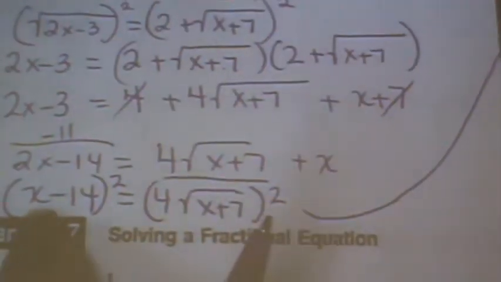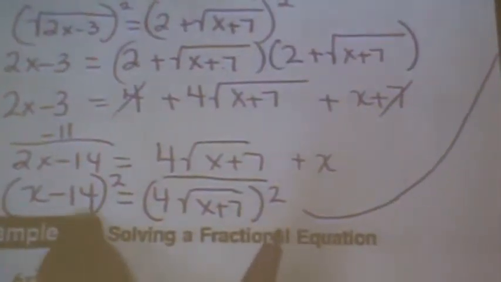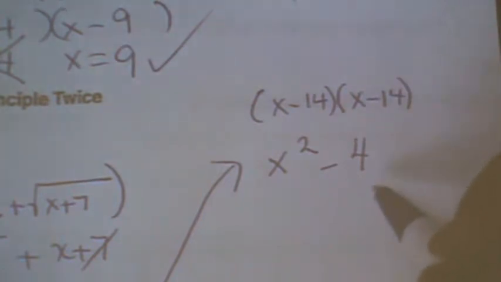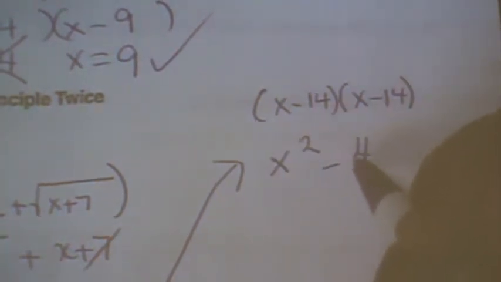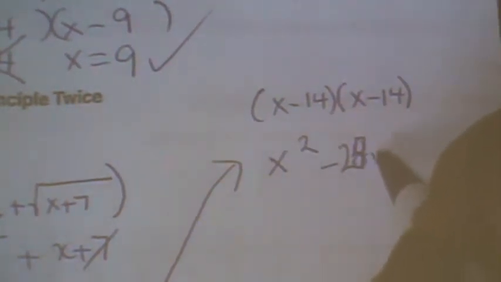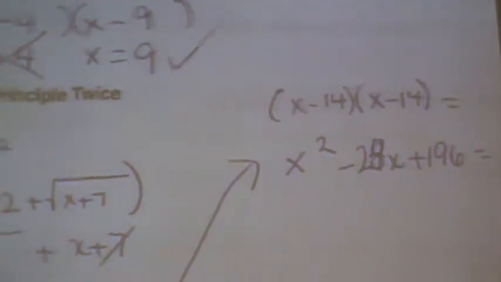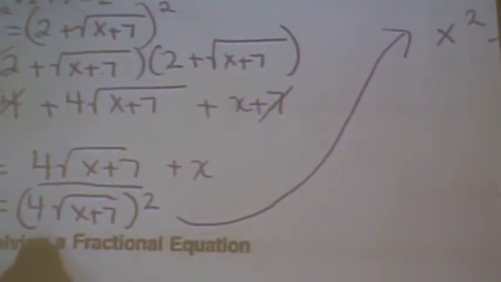It's x minus 14 times x minus 14. So it'd be x squared minus 28x, and then plus 196, equals, and this is all review stuff.